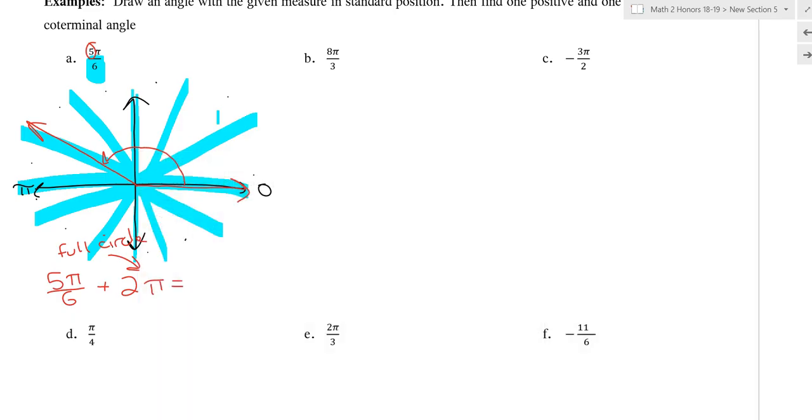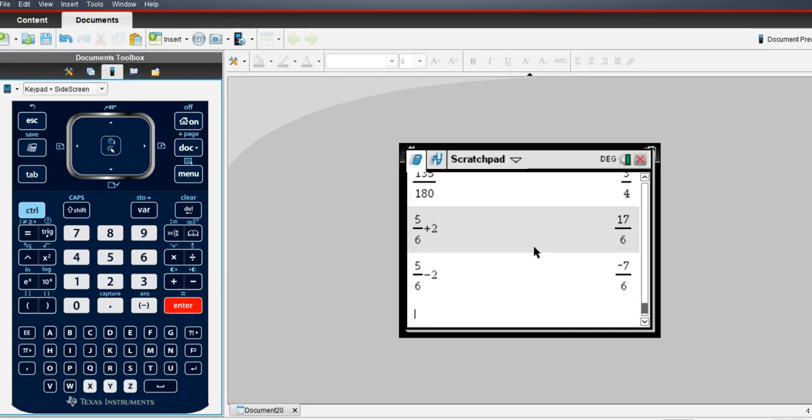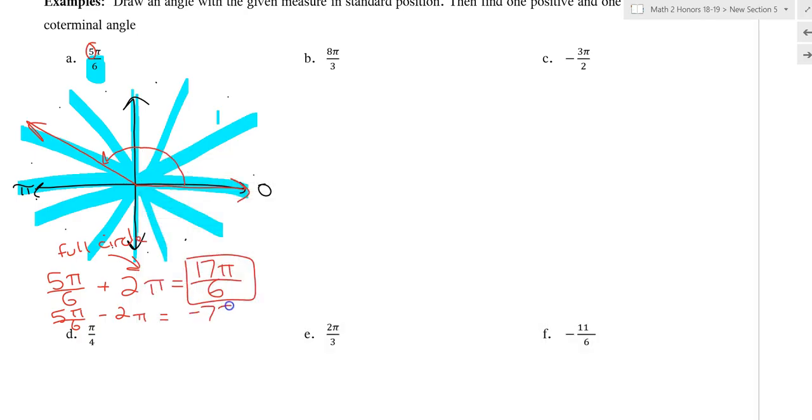You get 17 sixths, so that's 17 pi over 6. Same thing with minus 5 pi over 6 minus 2 pi. We can do 5 divided by 6 minus 2. And we get negative 7 pi over 6. So that's my positive coterminal and my negative coterminal.